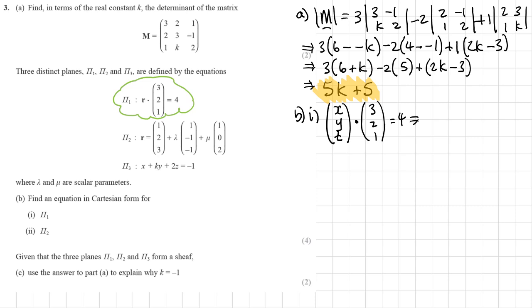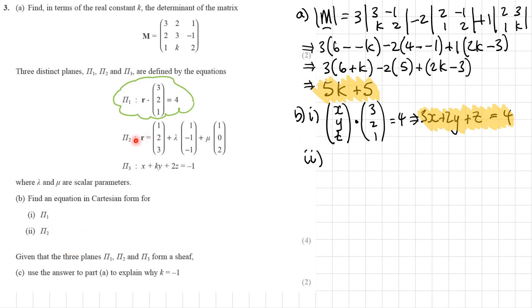So on the left hand side we'll do the dot product, so 3x plus 2y plus z is equal to 4. There we go, we've got the Cartesian equation, so there wasn't much work to do there. The second one is going to be a little bit more work to find the Cartesian equation for the second plane, pi 2.